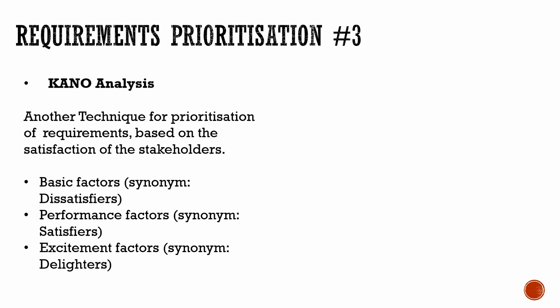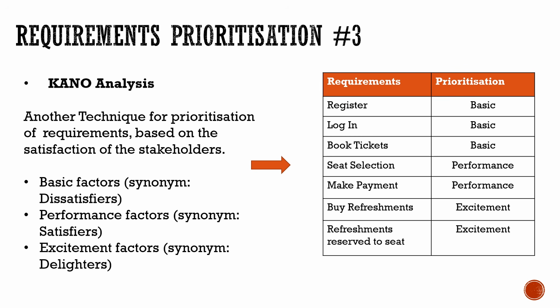So customers will be very excited to use the app because of these particular features. So let's try to apply the Kano analysis to our case study. It looks something like this. The registration, login, book tickets, pretty basic. Without them, there is no point even using the app, because if you're not able to book the tickets, why are we even using the app?